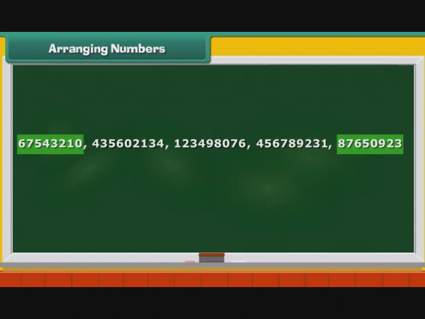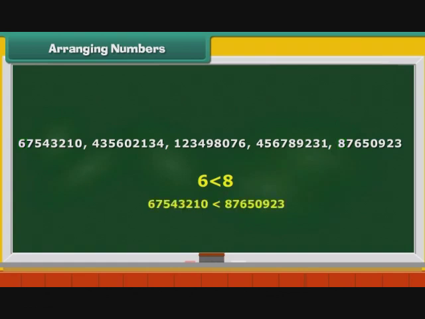The two 8-digit numbers are 67,543,210 and 87,650,923. Their first digits are 6 and 8. We know that 6 is lesser than 8.